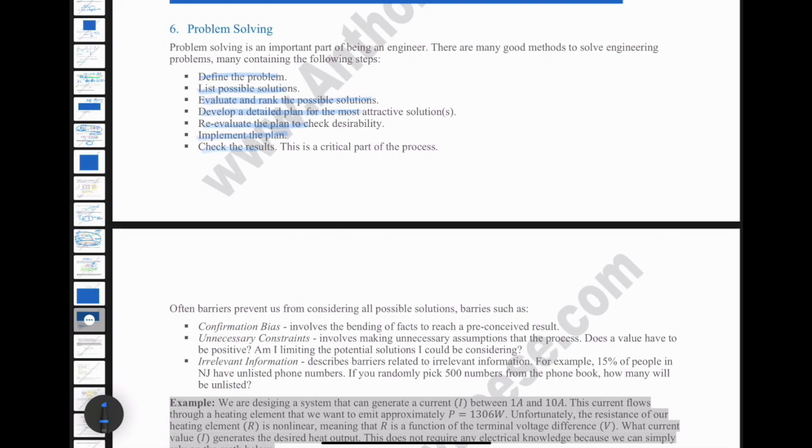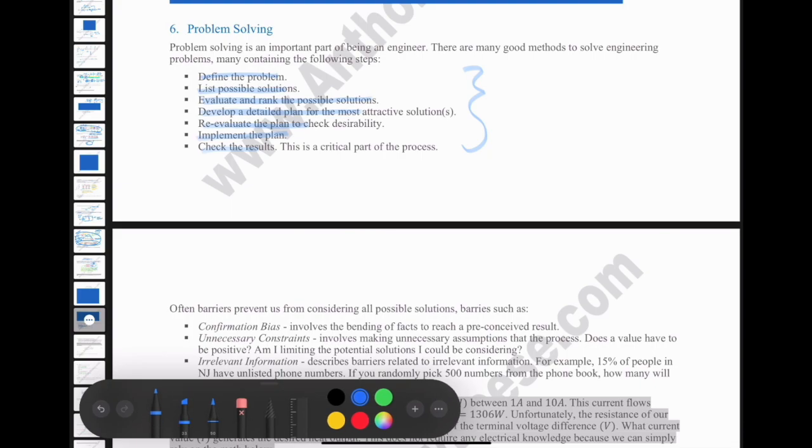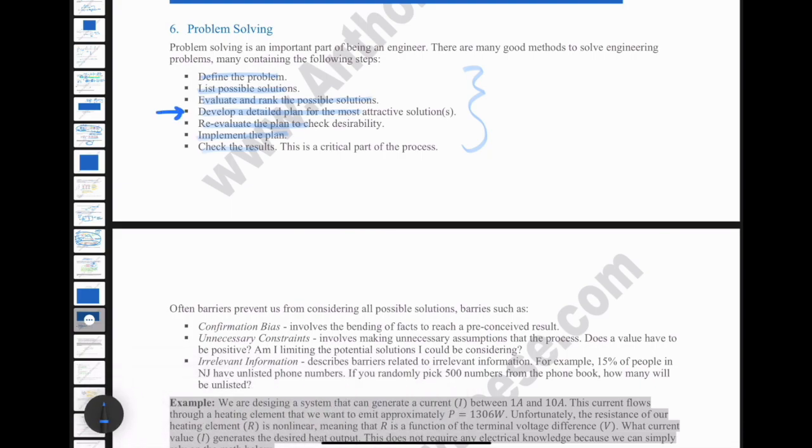So, for many engineering problems, you may not need to go through all of these steps. The reason being, if it's a relatively straightforward problem, one that you've seen a lot of times before, you may already be familiar with what the most attractive solution is going to be.